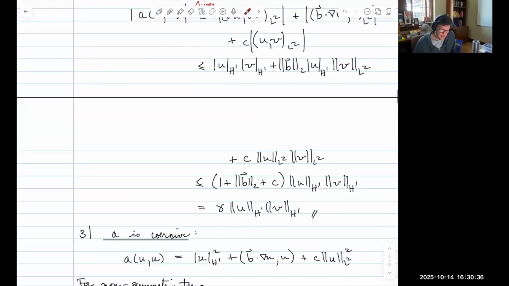Now, once again, the H1 norm has the H1 seminorm and the L2 norm built into it. Let me just remind you: the H1 norm of V is equal to the square root of V's L2 norm squared plus V's H1 seminorm squared.